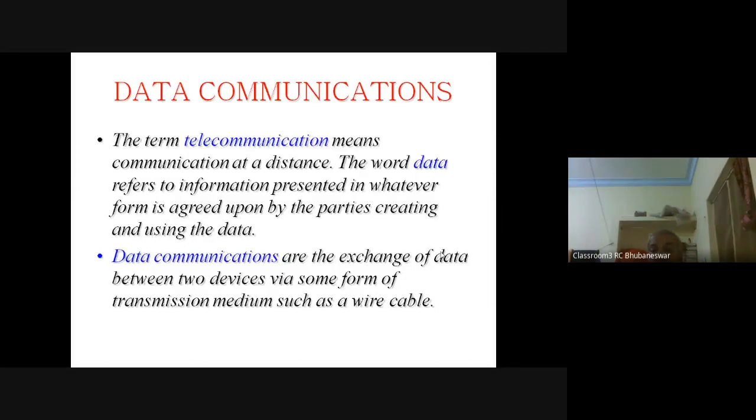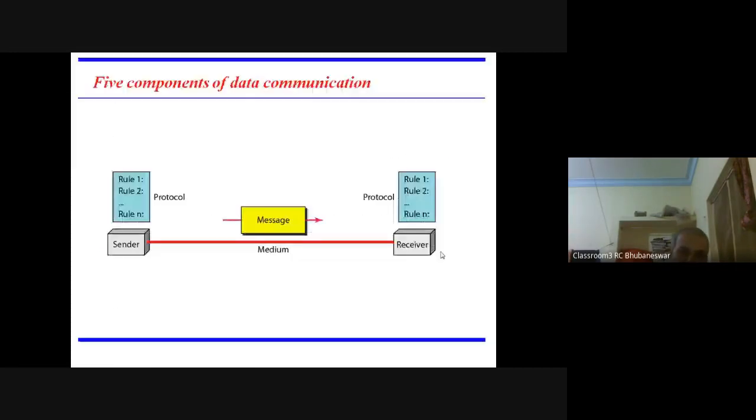So what is data communication? It means exchange of data between two devices via some transmission medium. Data communication can be not one way but both ways. There are 5 components of data communication. One is sender, a node which sends data.